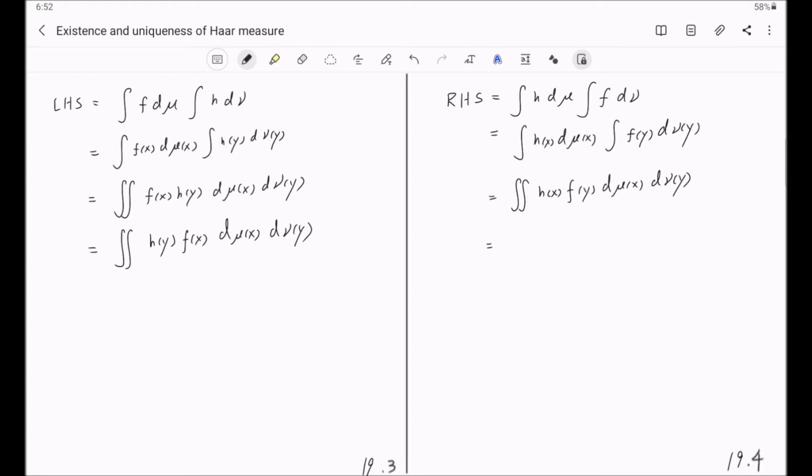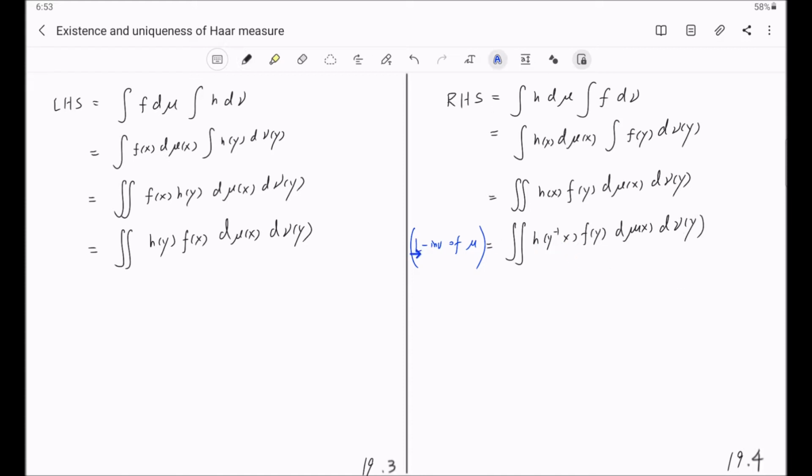First, let us use the left invariance of mu. So by the left invariance of mu, we have this integral is equal to h of y inverse x times f of y d mu x d nu y.